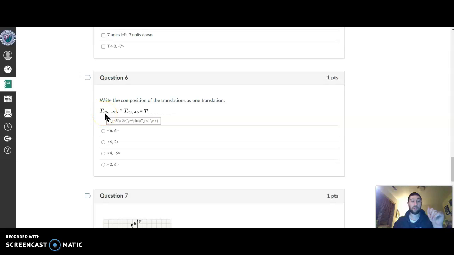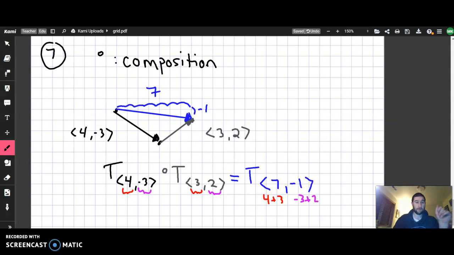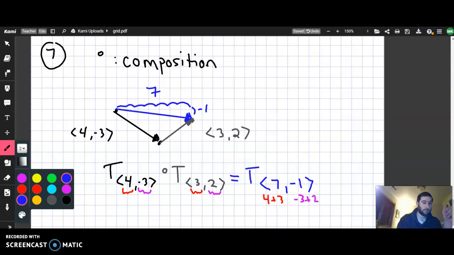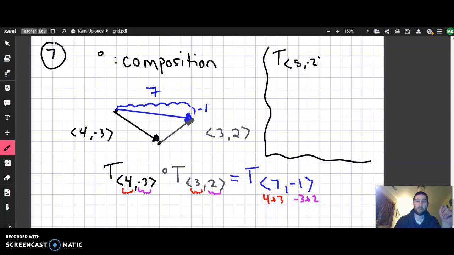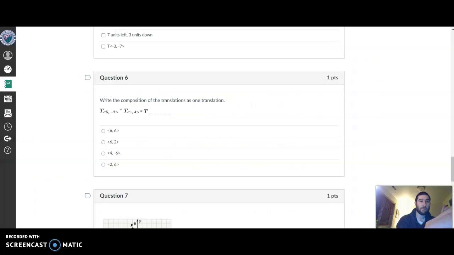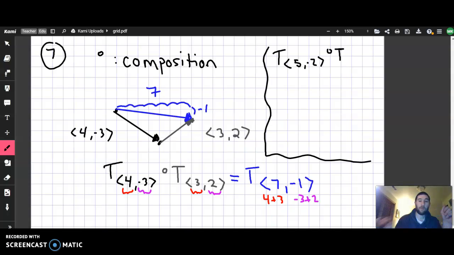Number 7 has a vector 5, negative 2. So we're looking at the translation 5, negative 2. And we're composing that with the translation of 1, 4. So ladies and gentlemen, what do you actually end up getting? Well, I'm going to show this with algebra for the moment.